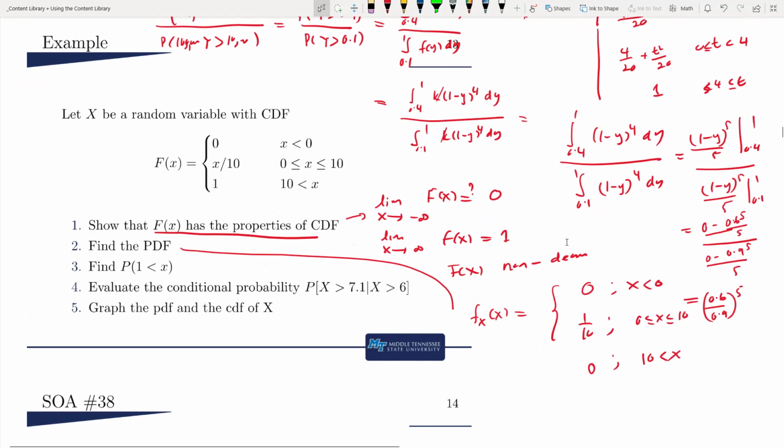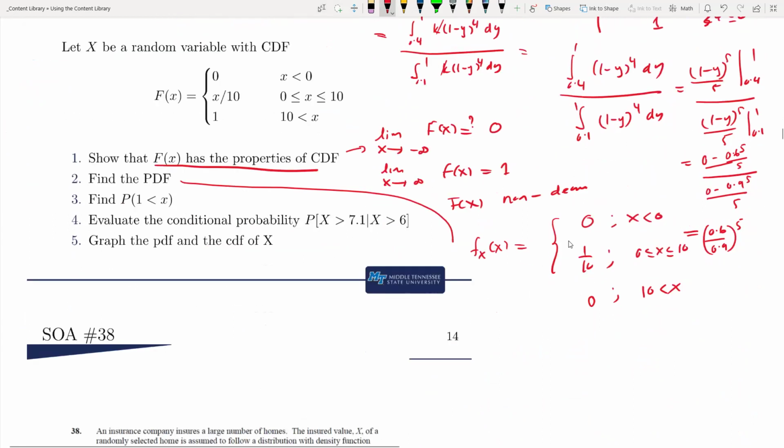So actually, it's a uniform random variable. If you graph this, you can see between 0 and 10, the density is 1 over 10. We have a real name for this kind of random variable, the uniform.